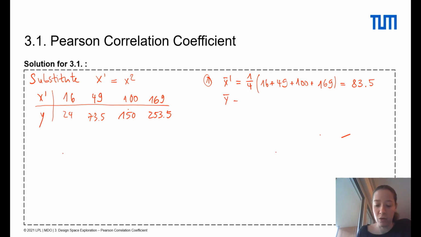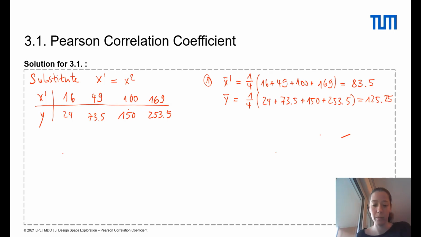We do the same for y: 150, 253, and we have 125.25.